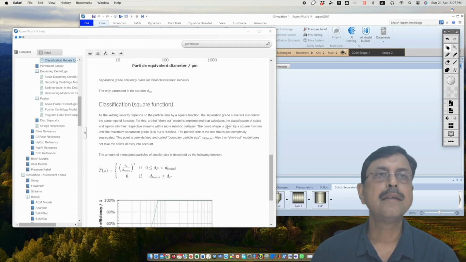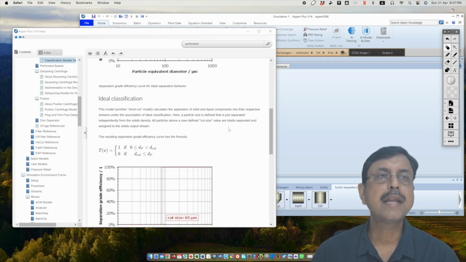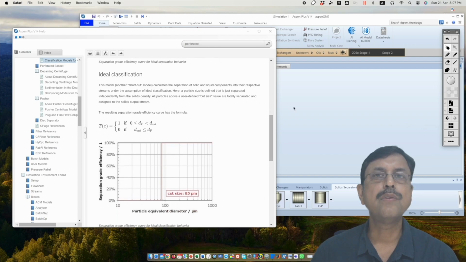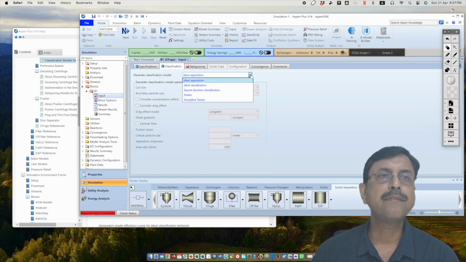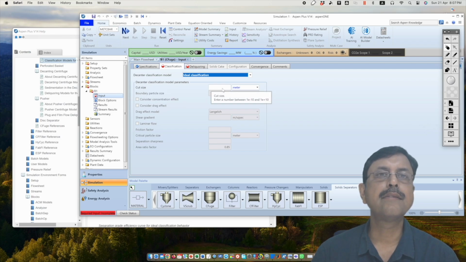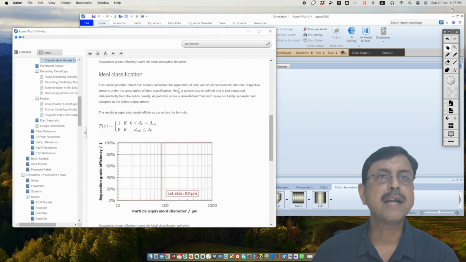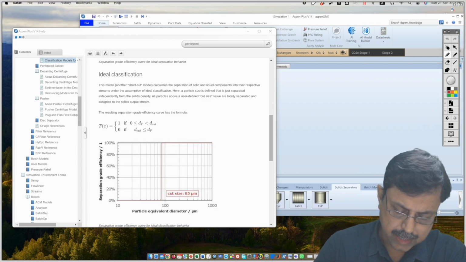On the other hand, if you choose ideal classification, then an option for cut size is active for you. What is cut size? You know what is cut size? You have to specify this cut size. Suppose the cut size is D cut, then the resulting separation grade efficiency curve will have this formula.